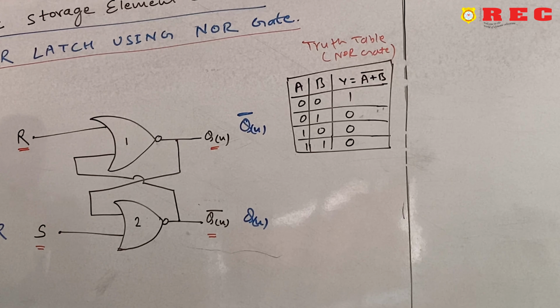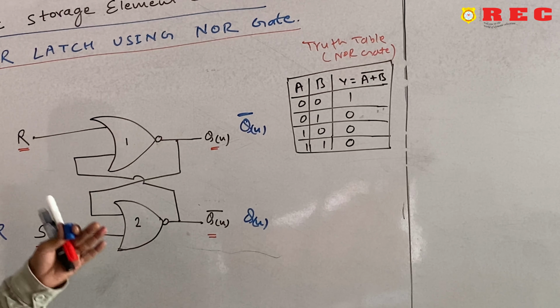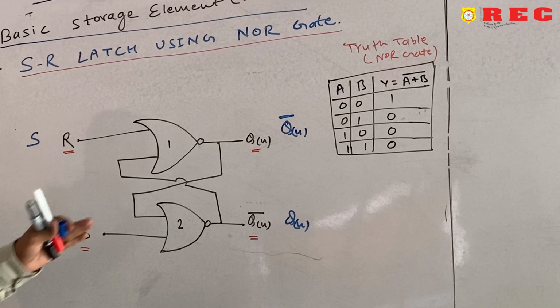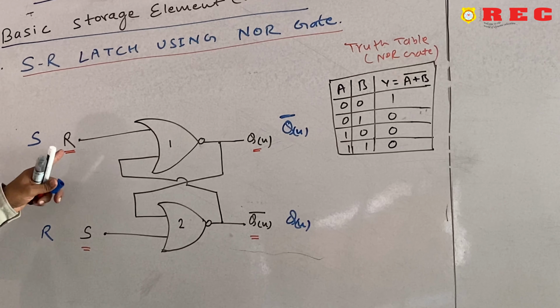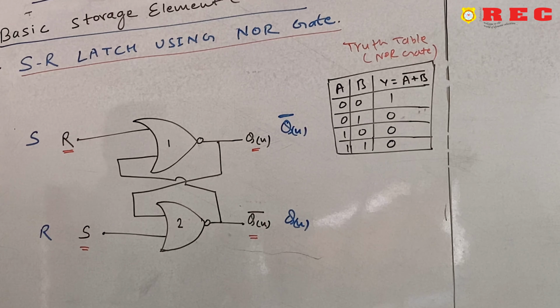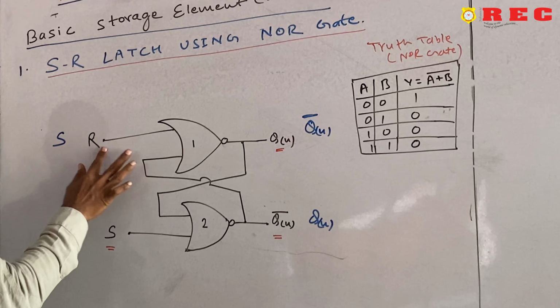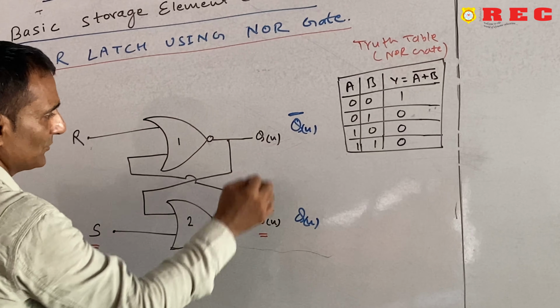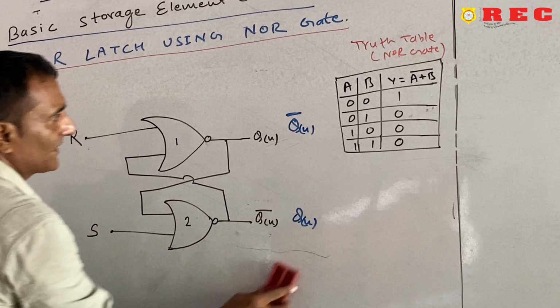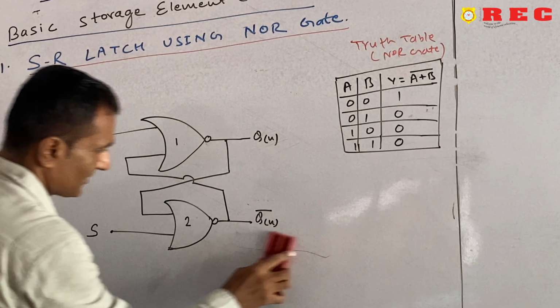Why? Because in the truth table we have to manage, so you should follow any one of the models which was written in the black or in the blue. So, I am taking the black one, here is R S, then I will write here Q and Qn complement. You must follow whatever you like, both are the same thing.